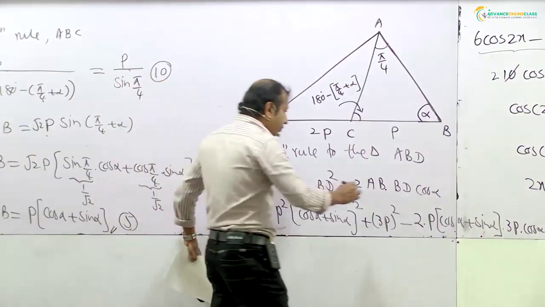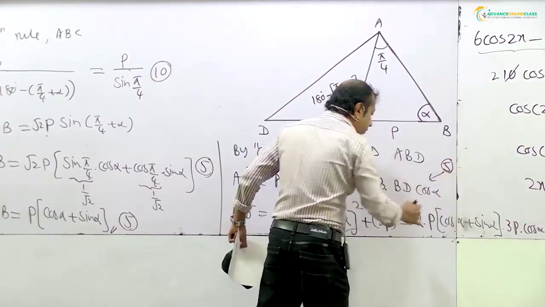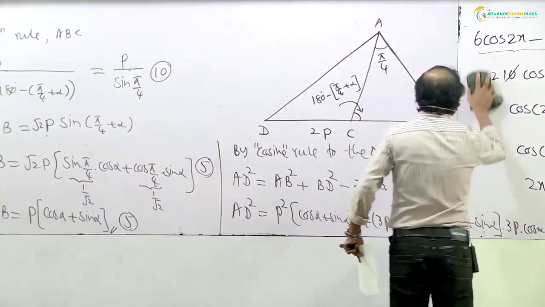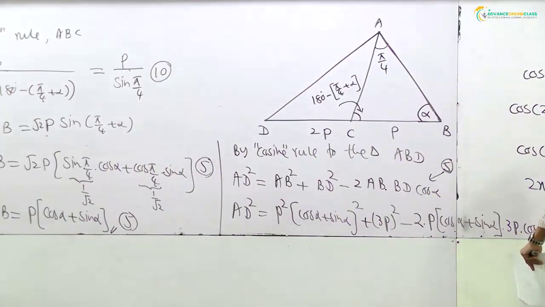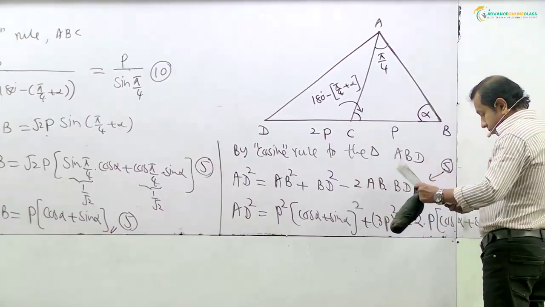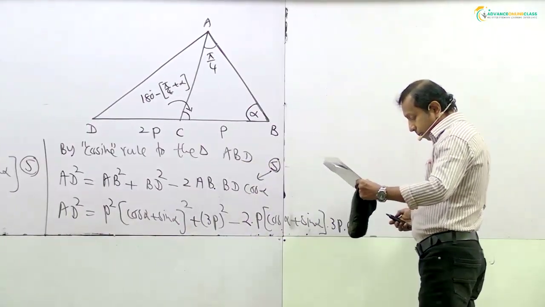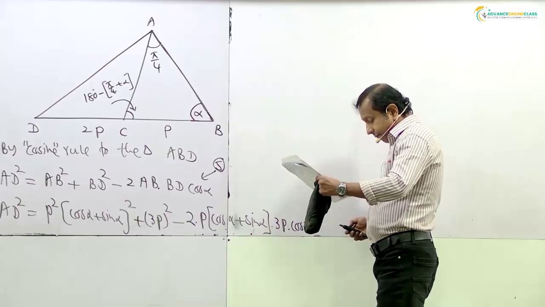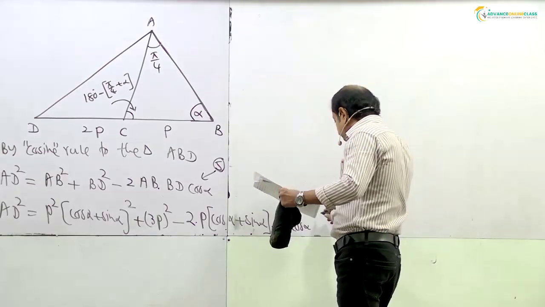Write in this cosine rule, 5 marks. Another 5 marks come in here.